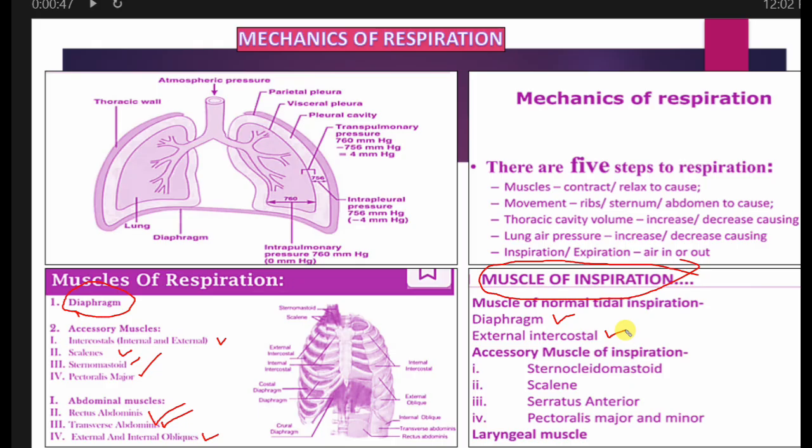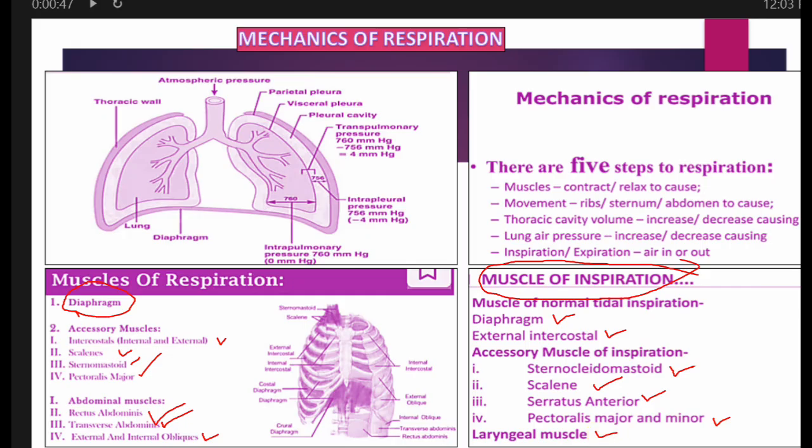We also have accessory muscles of inspiration, which are the sternocleidomastoid muscle, scalene muscles, serratus anterior muscle, and then we have the pectoralis major and the pectoralis minor muscle, as well as the laryngeal muscle. All right?